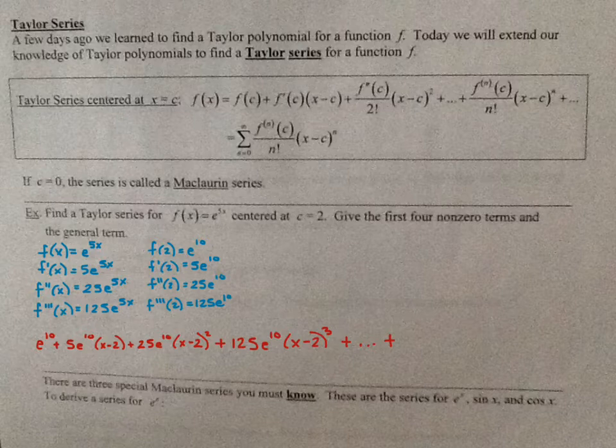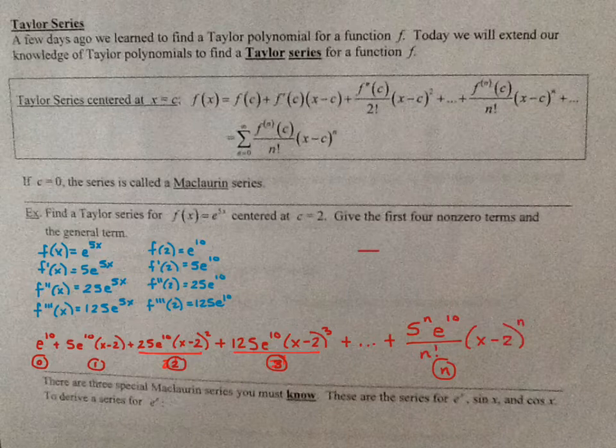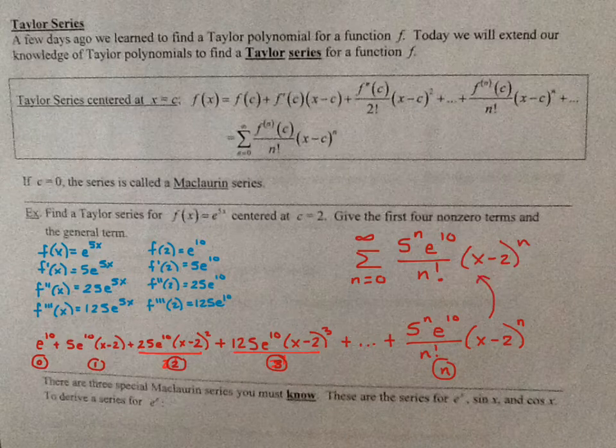So we have 2 factorial, we have 3 factorial, and 5^n e to the 10th over n factorial, x minus 2 to the nth. Our summation notation would be the sum from n equals 0 to infinity of 5^n e to the 10th over n factorial times x minus 2 to the nth.